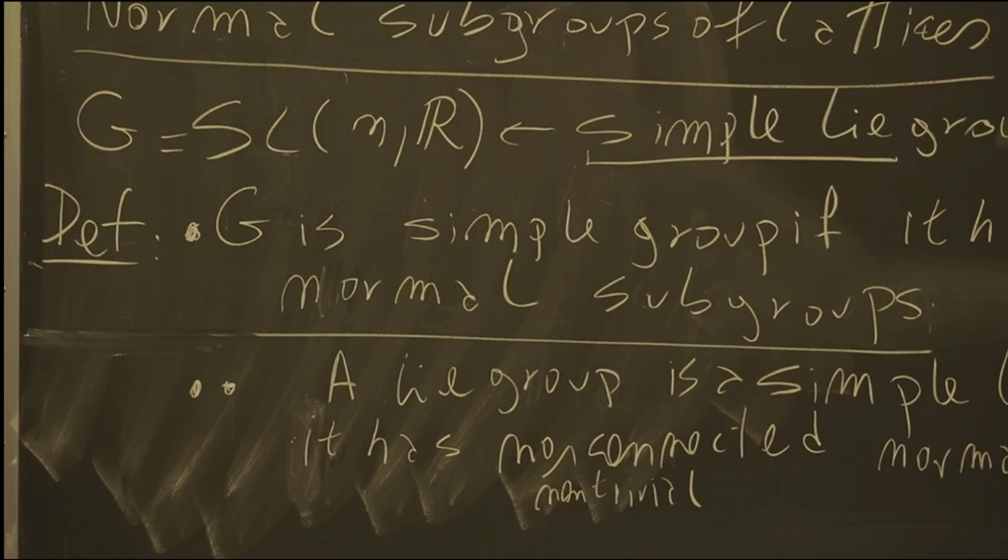And this SL_2(R) is pretty much related by the fact that if I quotient by SO(2,R) on the right, I get essentially the upper half plane, which is the x plus iy such that y is positive.